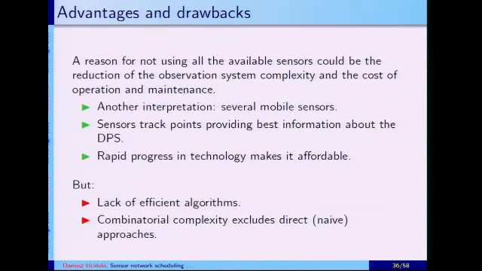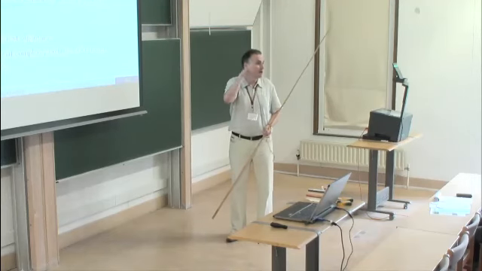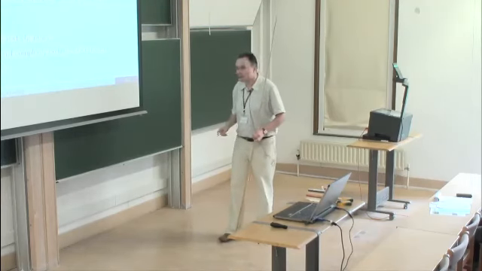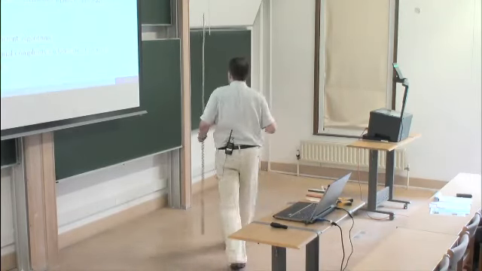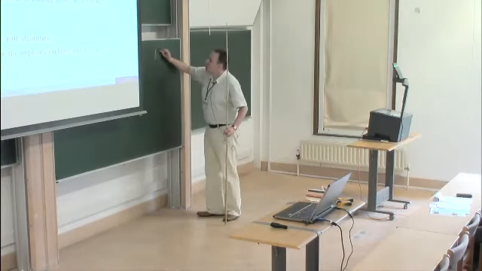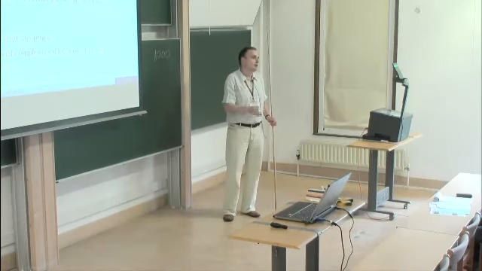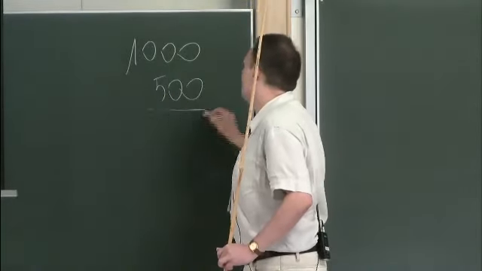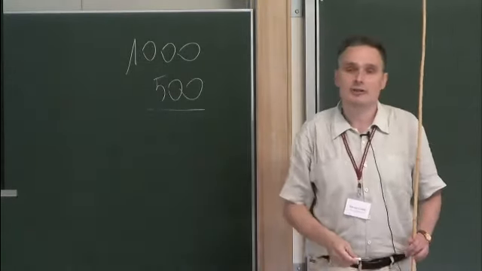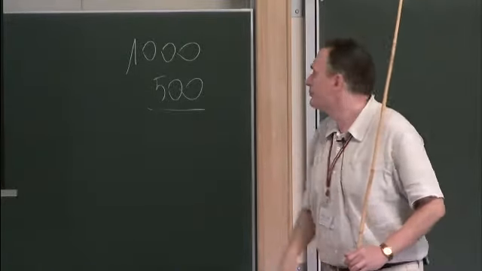If you want to check all the solutions and then pick the one which maximizes the determinant of the information matrix, you fall into serious difficulties. For example, if we have 1,000 sites, among which we want to activate 500 sensors. This is the usual framework when we use big sensor networks.